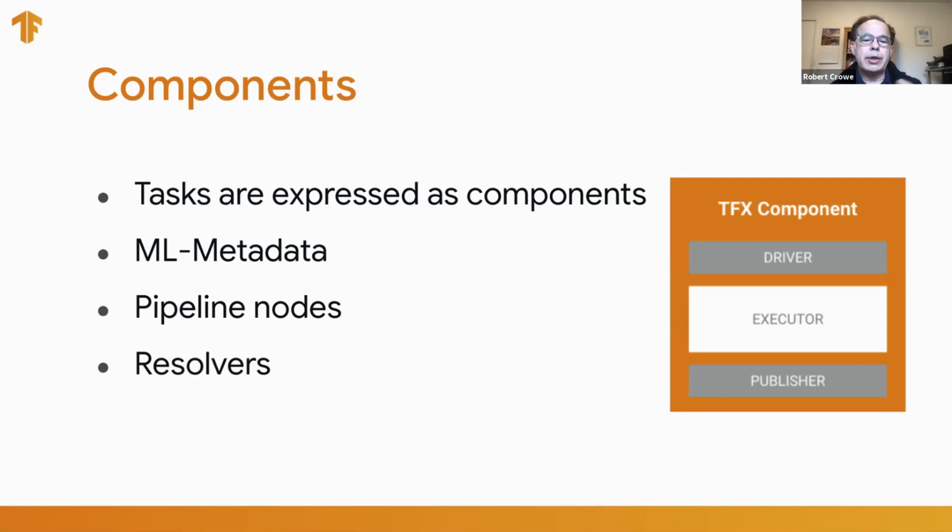And a resolver reaches into ML metadata and allows you to do queries against the data that you have and pull out data artifacts that you're going to use in a component. So resolvers, they're not a component, they're a pipeline node, but they become fairly important in some scenarios. Actually, quite a few scenarios, but you could work without them as well.